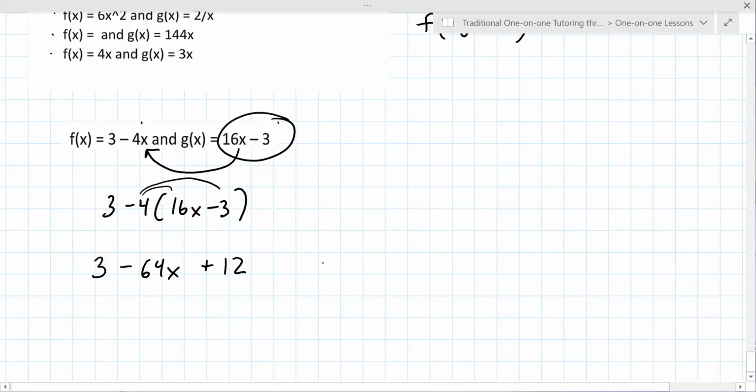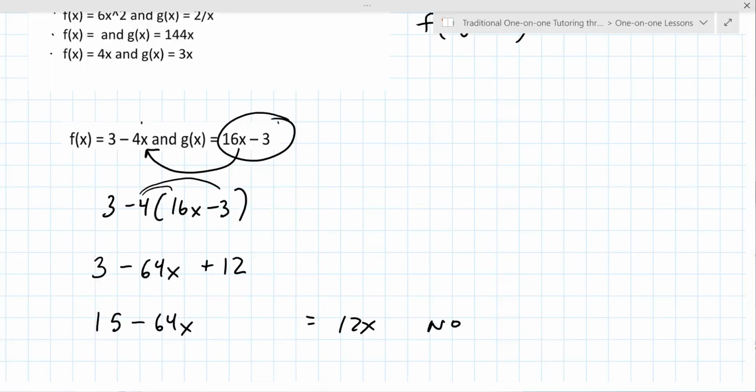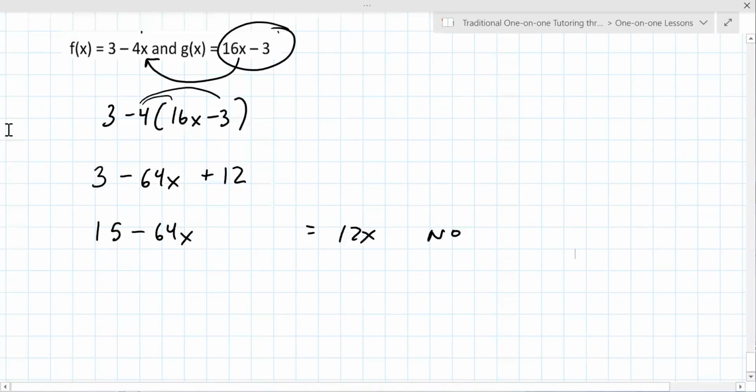When you combine like terms, it's 15 minus 64x. And we're trying to get it to equal 12x. So this is no. Because even if that was 12, it would have been a lot more simple. But yeah, okay.